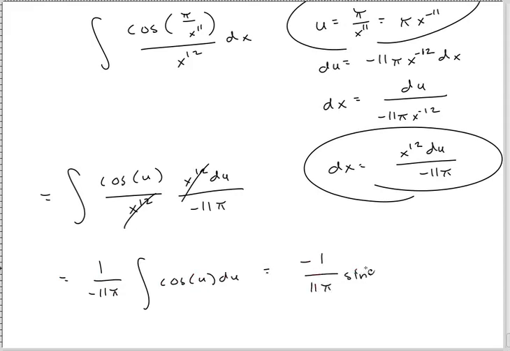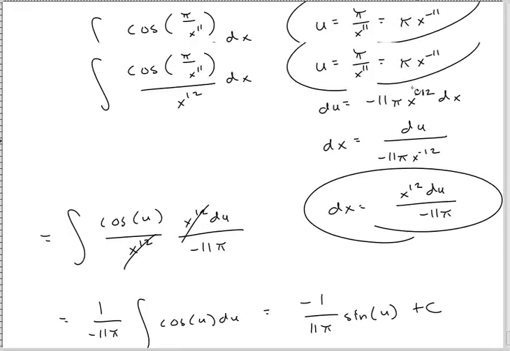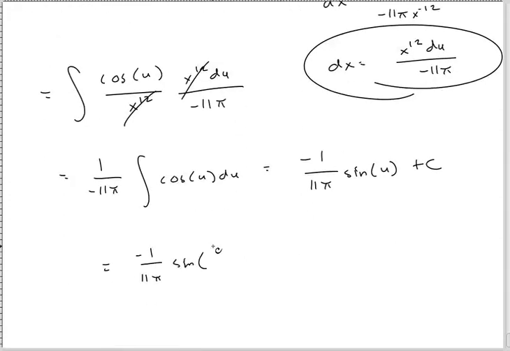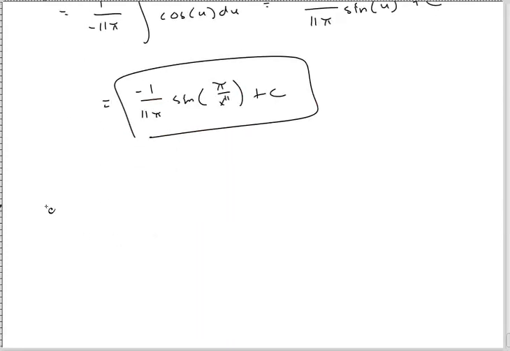It's a positive sine. Replace your u with the x's and stuff. This stuff here. So that would be the pi over x to the 11. And then plus c. That's it. You're done.